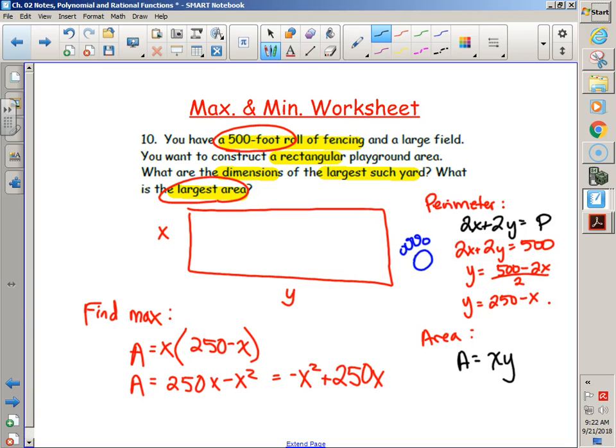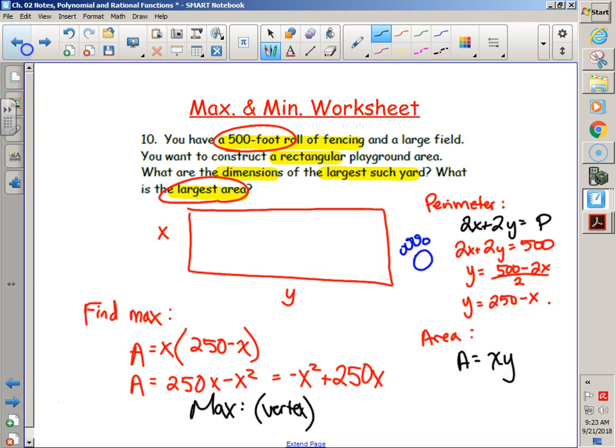Did I finish the problem yesterday? No. But I got all the way down to area being a quadratic, reminding you they're asking for the maximum. And how do you find the maximum of a quadratic? Find the vertex. The maximum is going to be the vertex.